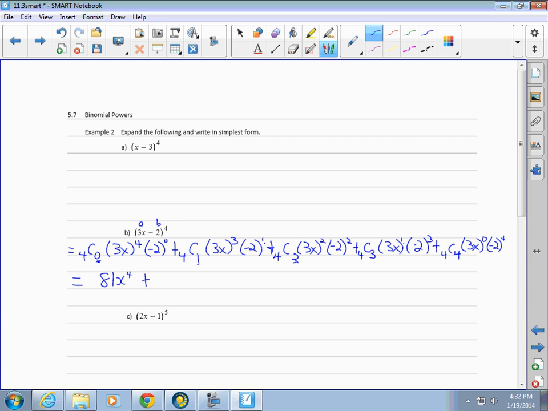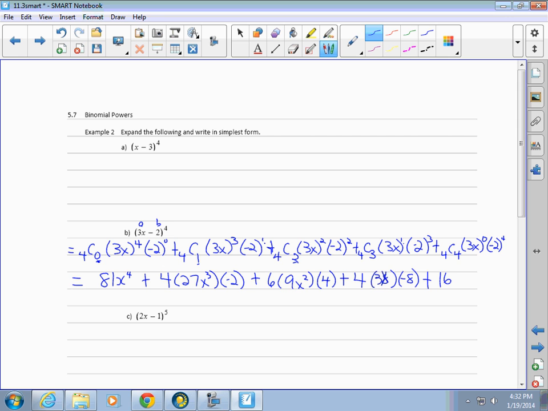So plus 4 times 27x cubed times negative 2, plus 6 times 9x squared times 4, plus 4 times 3x times negative 8. And 4 choose 4 is just 1. (3x)^0 is 1. (−2)^4 is a positive 16.